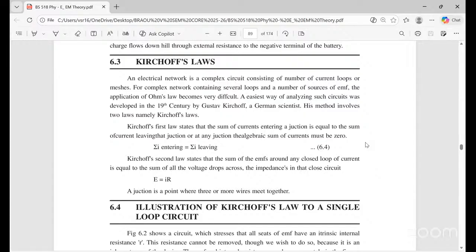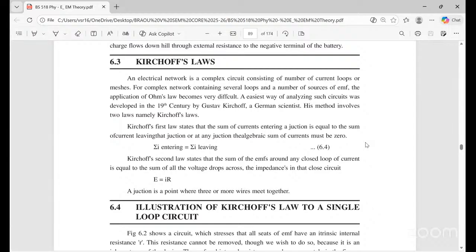So it may have meshes, loops, and a number of EMFs and sources. Implementing Ohm's law is very difficult in this case. So what is the easiest way of analyzing these circuits?